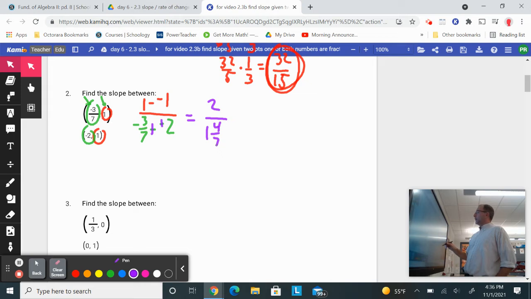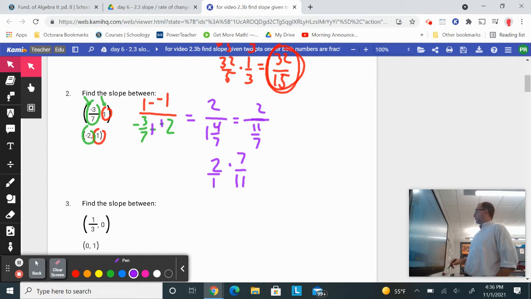And then to simplify 2 over 1 4/7, I can change the 1 4/7 to an improper fraction. And just like we said in the first example, a fraction is division, and I have 2 divided by 11/7. So to divide 2 by 11/7, I multiply by the reciprocal 7/11.